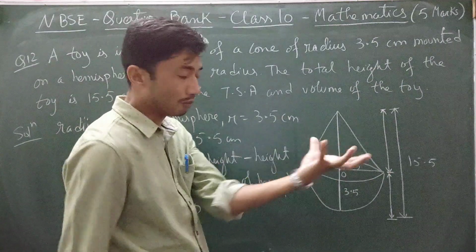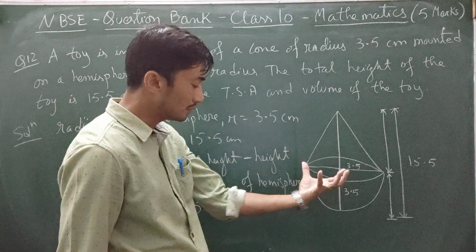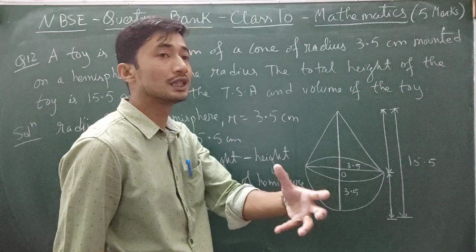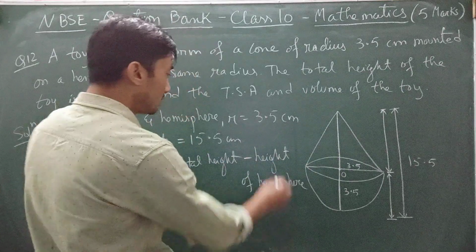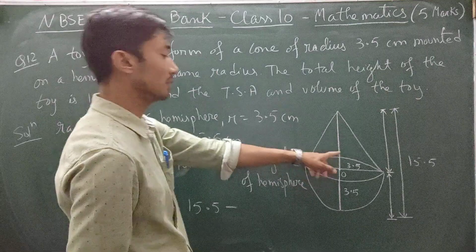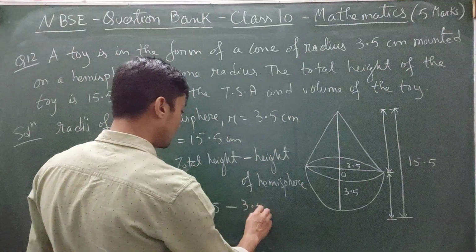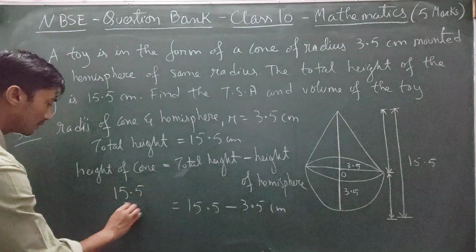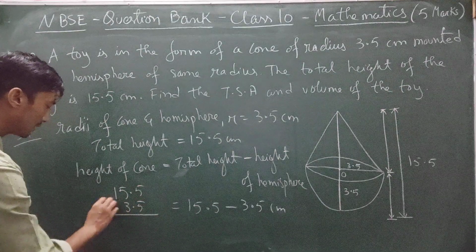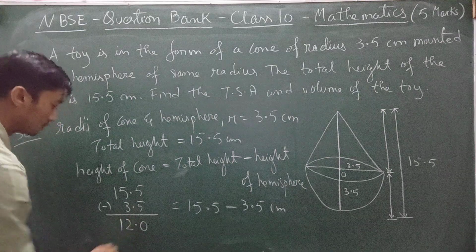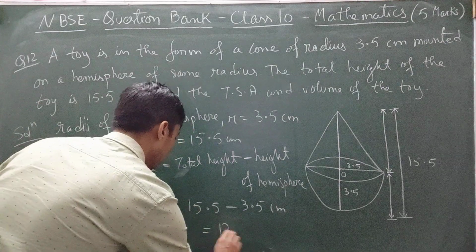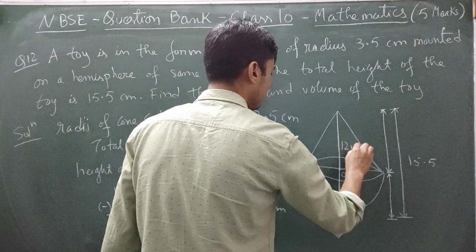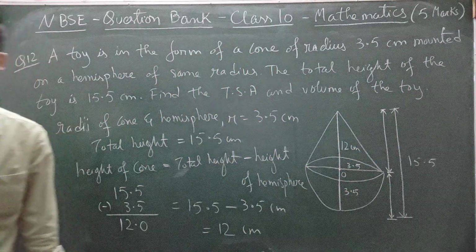The hemisphere is half of a ball, so its height is the same as its radius. Height and radius are the same for hemispheres. So it's 3.5 centimeters. If you subtract 3.5 from 15.5, we get 12 centimeters. So the height of the cone is 12 centimeters.